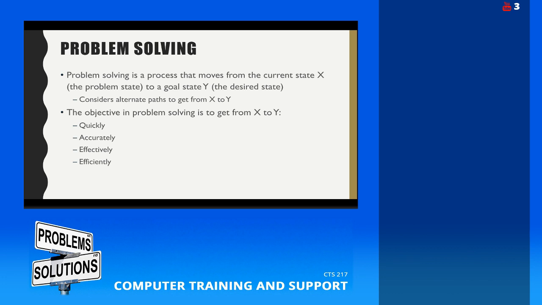The accurately objective might be tough to get, because sometimes when we're solving problems, we're kind of lobbing hand grenades at the issue, especially when we're dealing with certain issues. Getting it narrowed down to one specific thing might be tough if there's a whole bunch of things that are wrong at once.